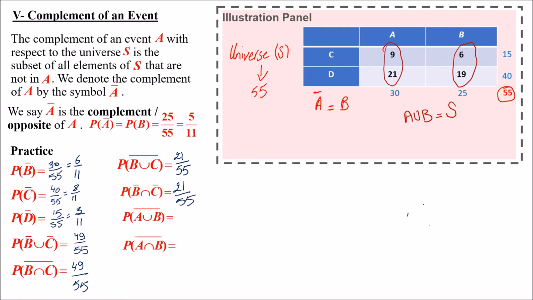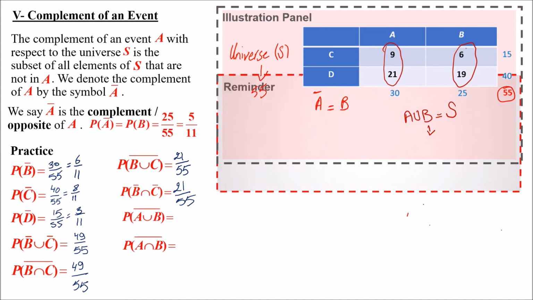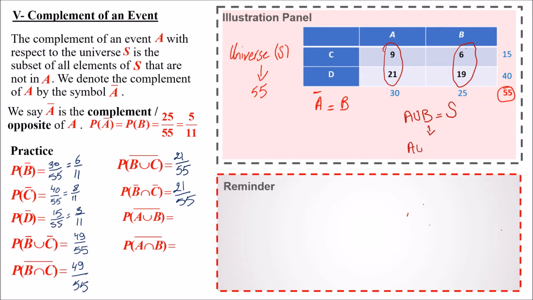It's nothing, because the universe is completed here. So what we are trying to say, if A union B is equal to S, then A union B bar is equal to phi. So the probability of phi is equal to 0. Therefore, here we have a 0.